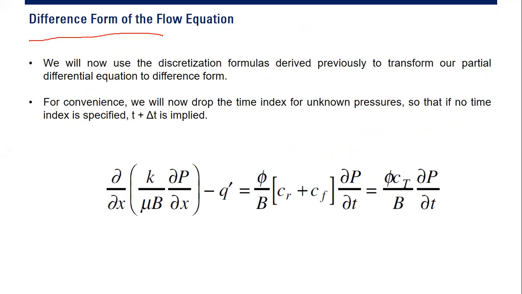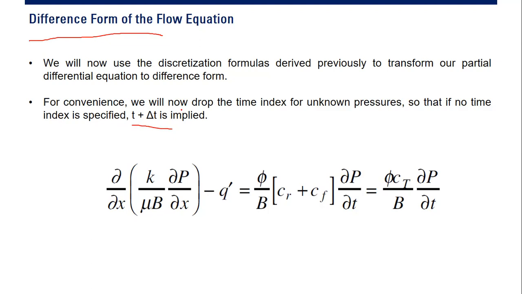For convenience, we will now drop the time index for unknown pressure, so that if no time index is specified, t plus delta t is implied. Ya, jadi semua indeks-indeks waktu itu akan kita drop supaya penulisannya lebih simple. Okay, we will drop the time index for unknown pressure.